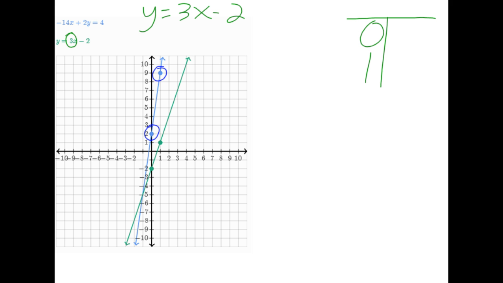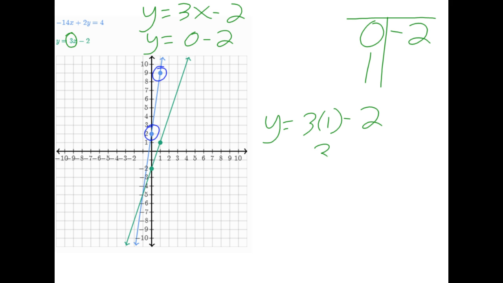So 0 in, when I put 0 in, I get y equals 0 minus 2. So it's a negative 2. Again, a lot easier. When I put a 1 in, it'll be y equals 3 times 1 minus 2, which is 3 minus 2, which is 1.